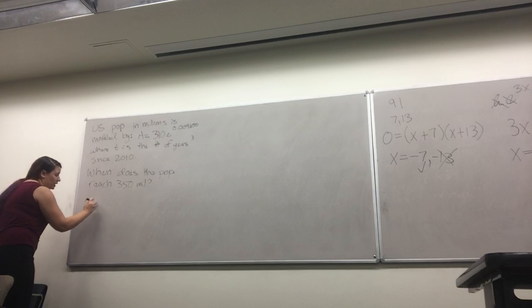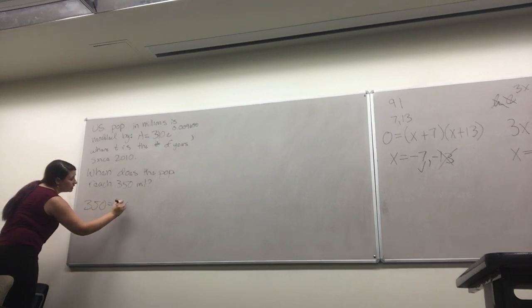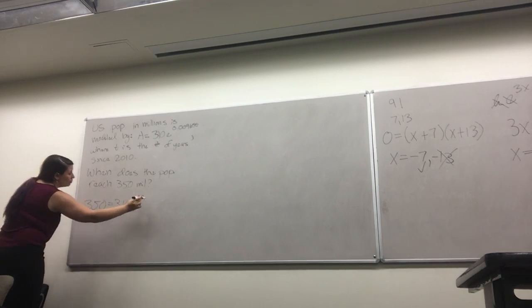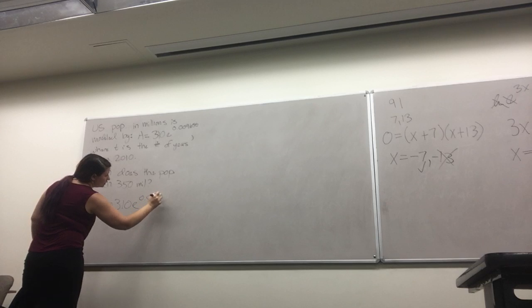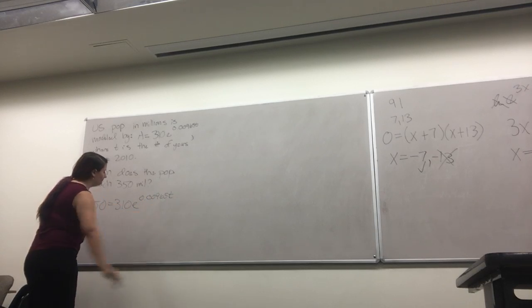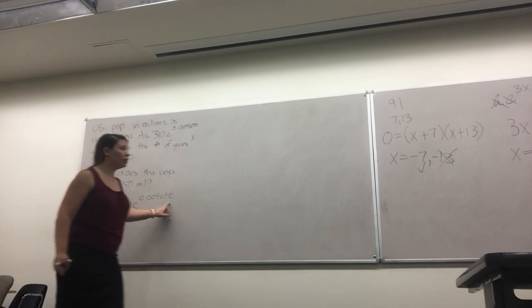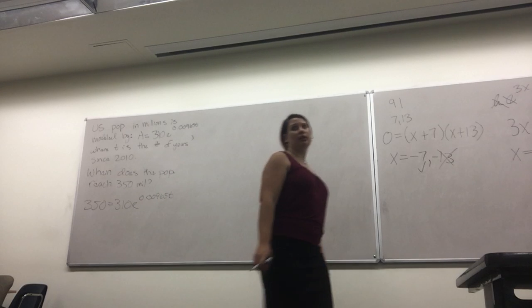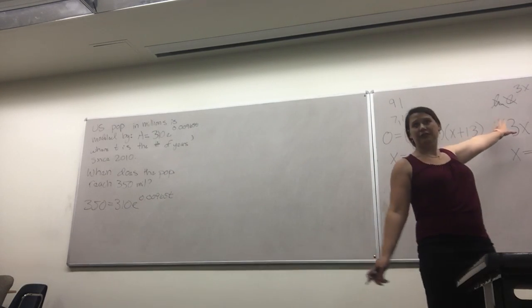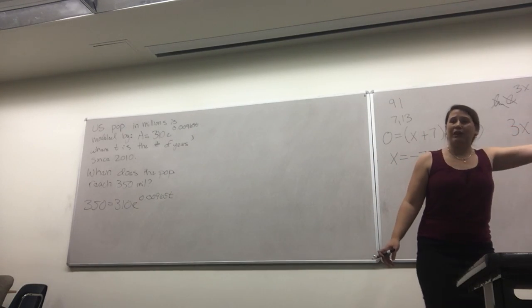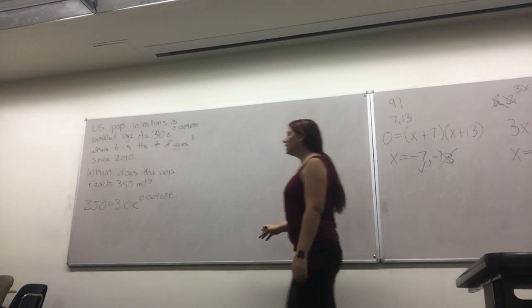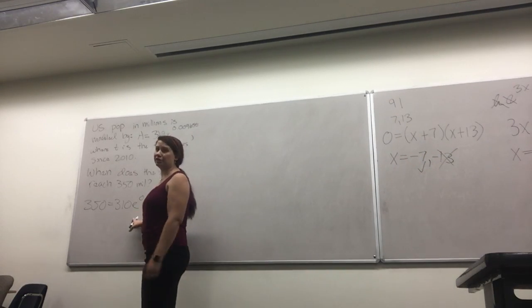So we have 350 equals 310e to the 0.00965t. Now, we have to solve for t, and it's in the exponent. It's no different from this. However, we have to get the e by itself first.